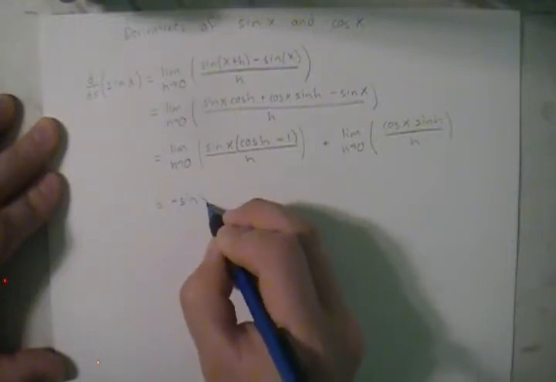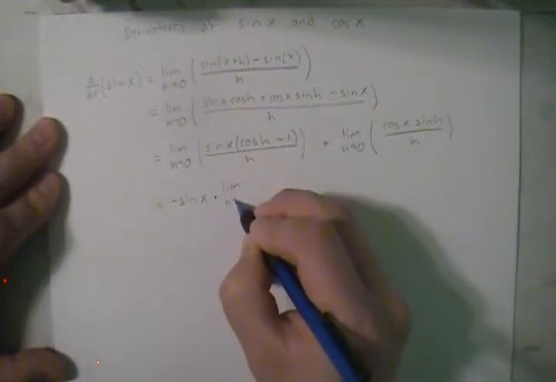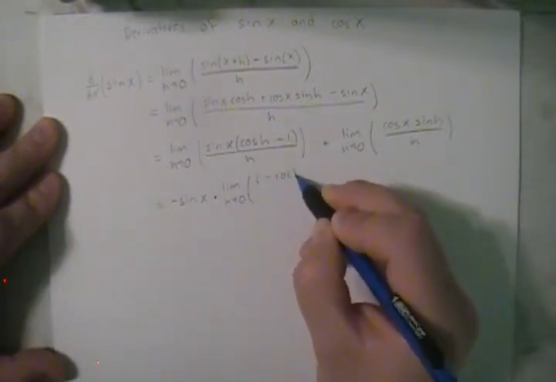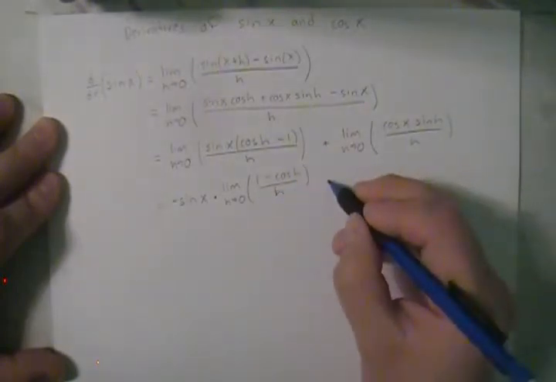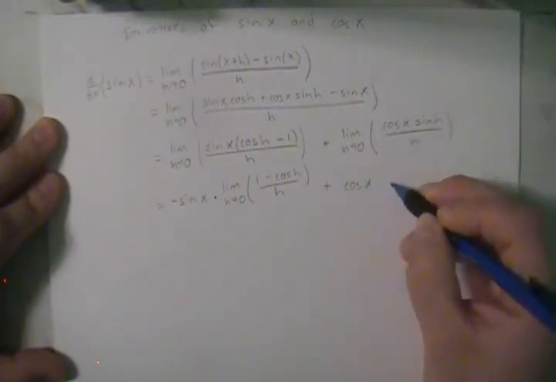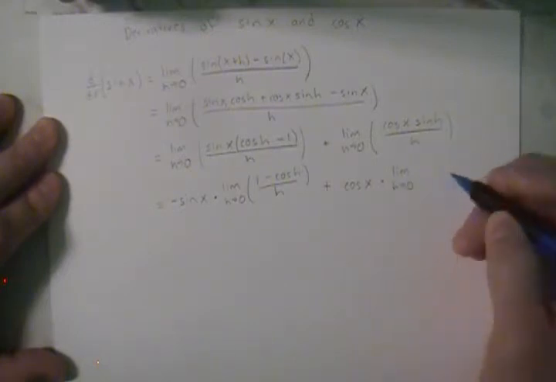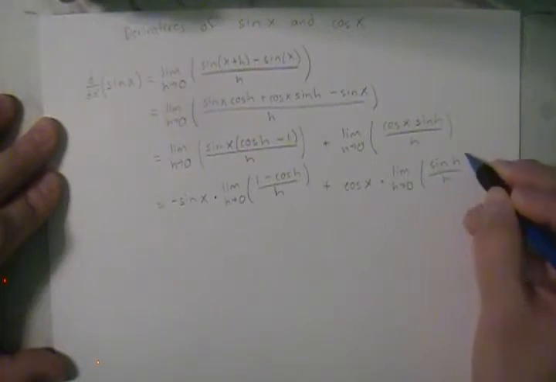So this is actually going to be negative sine x times the limit as h approaches 0 of 1 minus cosine h divided by h. And then I'm going to do the same thing over here, factor out a cosine x times the limit as h approaches 0 of sine h over h.